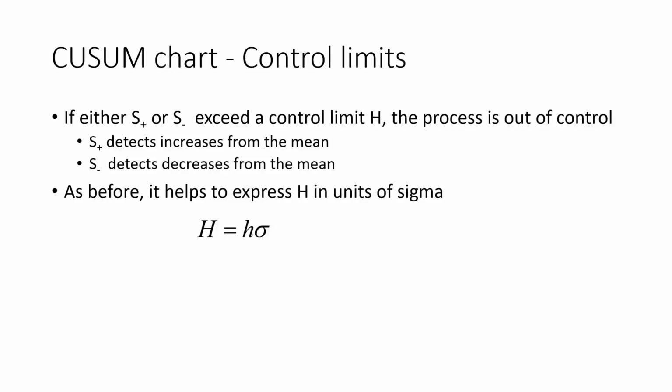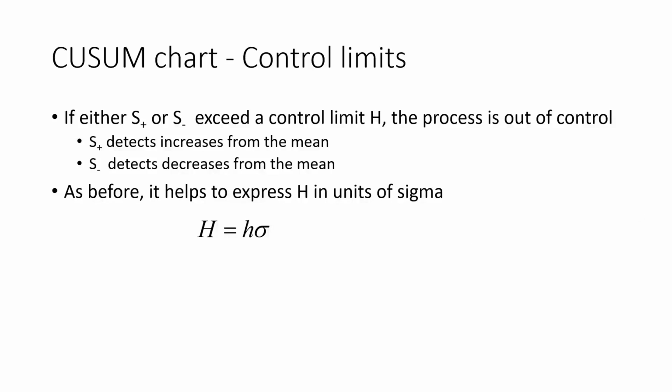So if S plus or S minus exceed a control limit H, then the process is out of control, where S plus detects increases and S minus detects decreases. As before, it's useful to look at control limits.